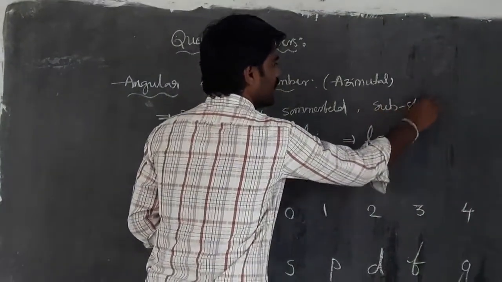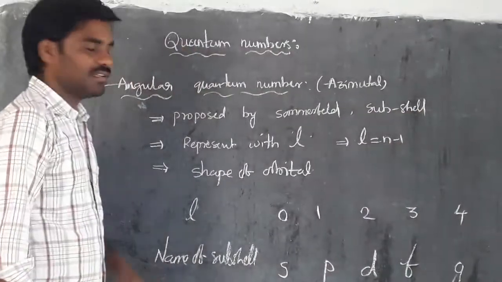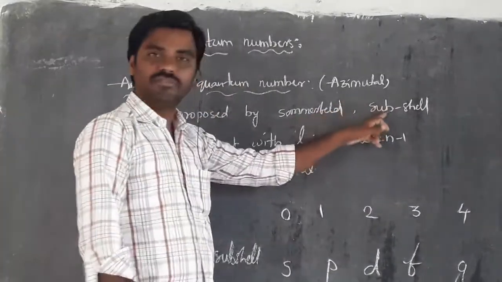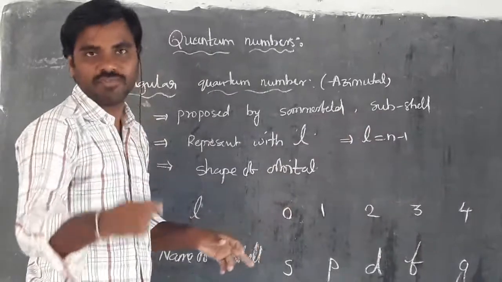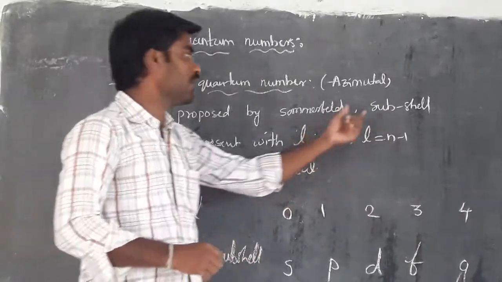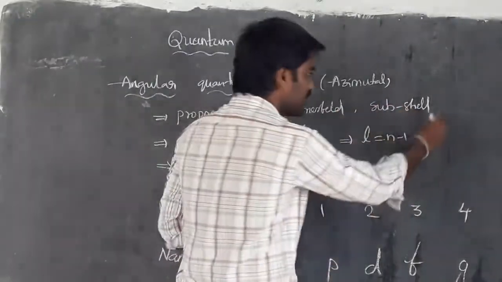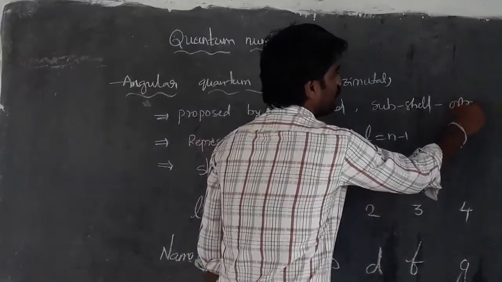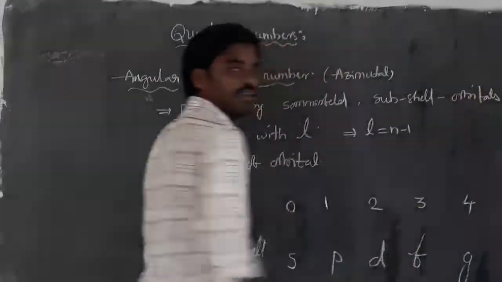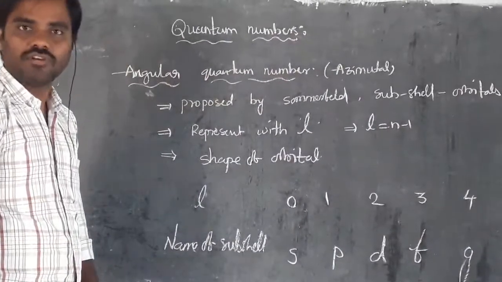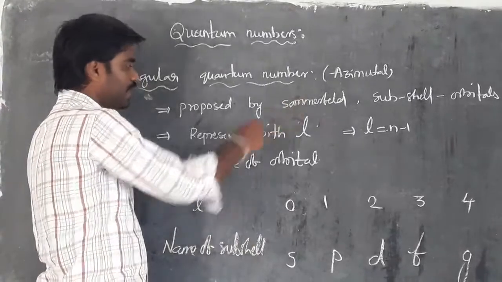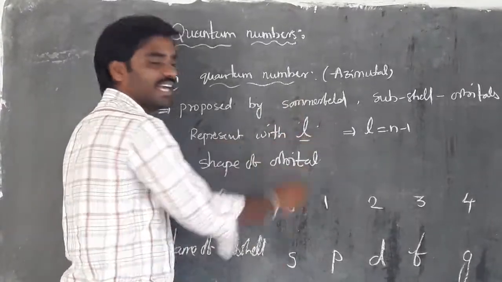The elliptical shape we discussed is what we call the subshell, and this subshell is what we call the orbital.